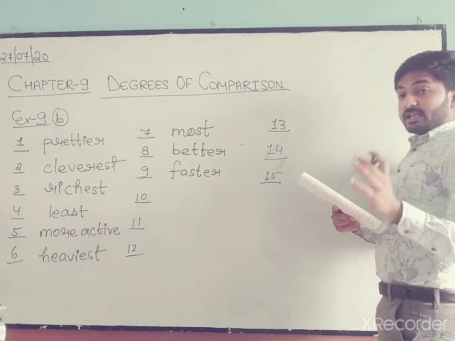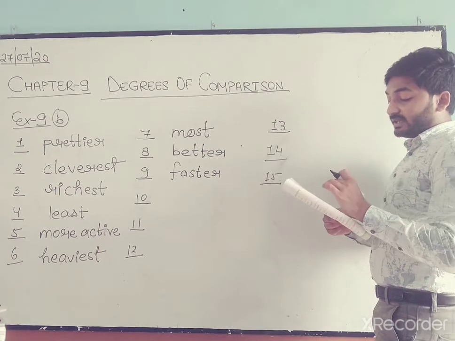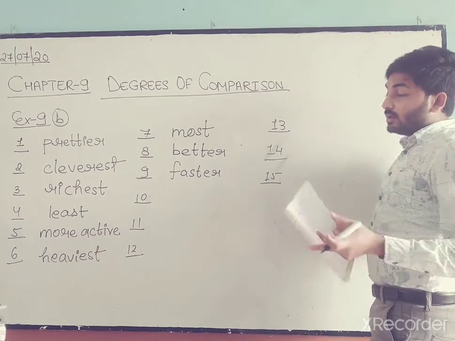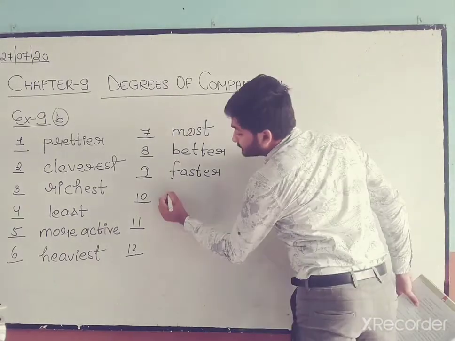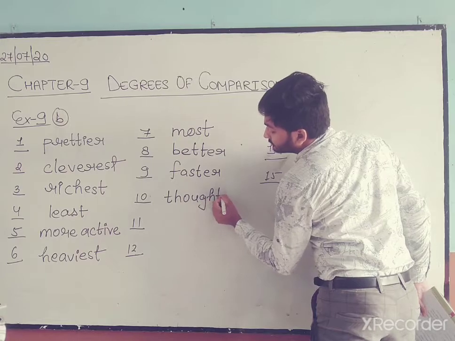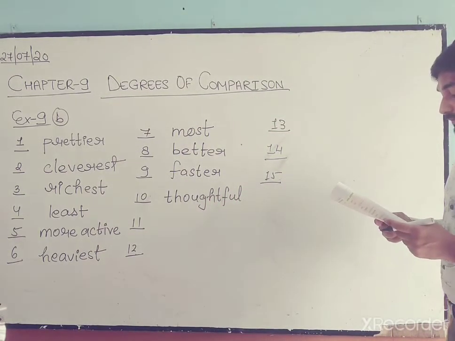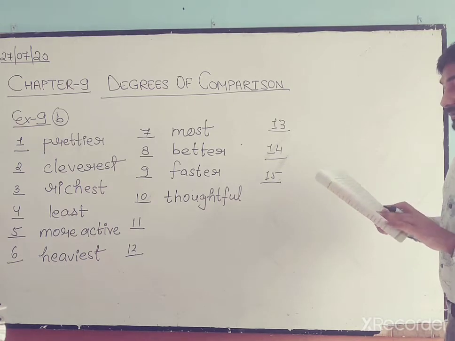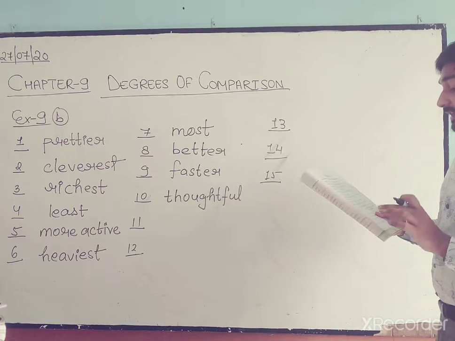Now come to number 10. It was very dash of you. It is a positive, simple statement. It was very thoughtful of you. Number 11, it is the dash story I have ever heard.